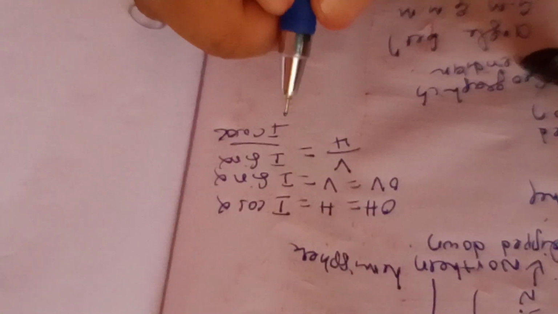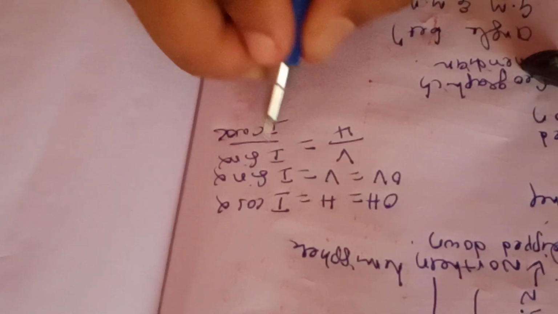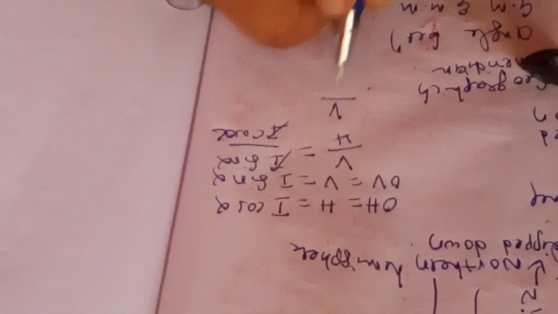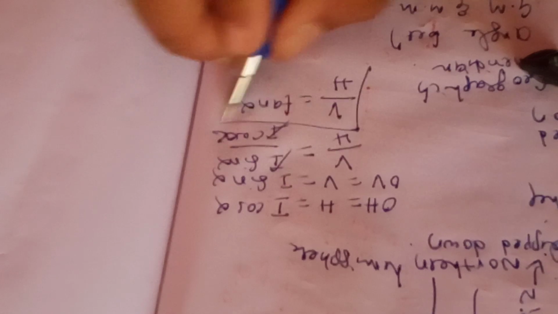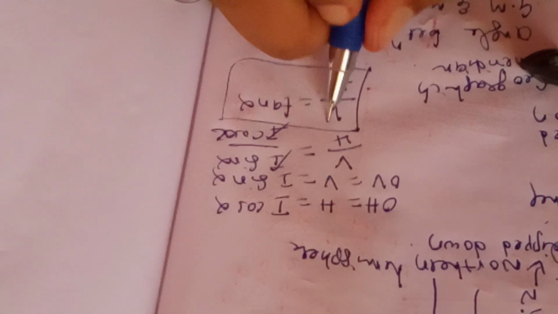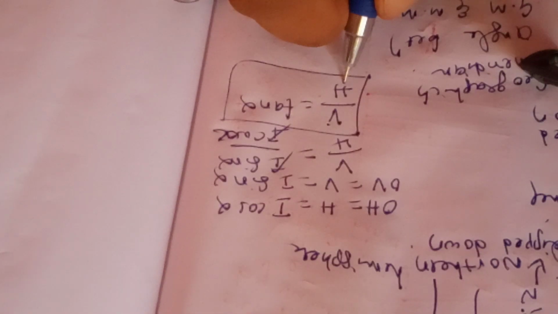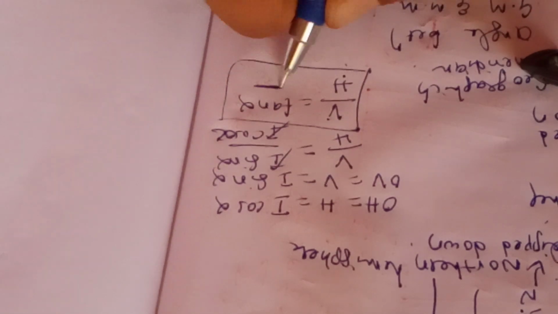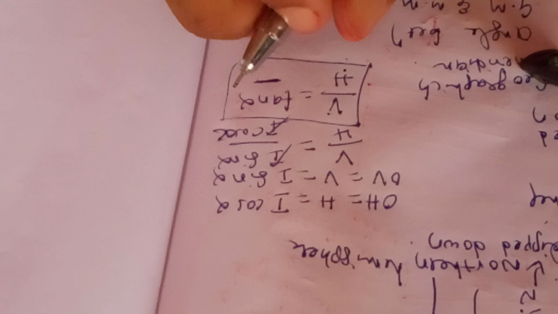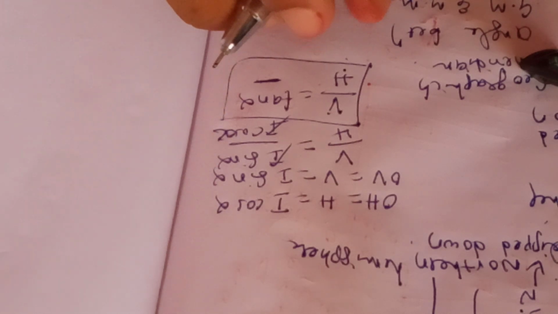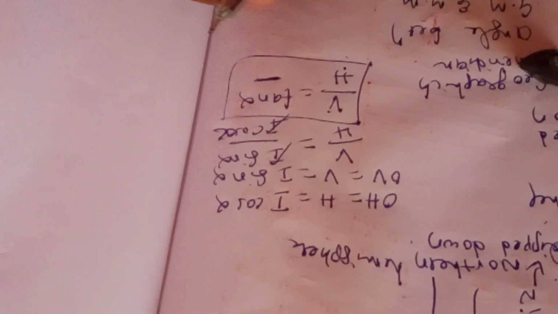I cancels. So V by H is equal to tan alpha. The ratio of vertical to the horizontal component of Earth's magnetic field is equal to tan alpha. So these are the elements of magnetic field.